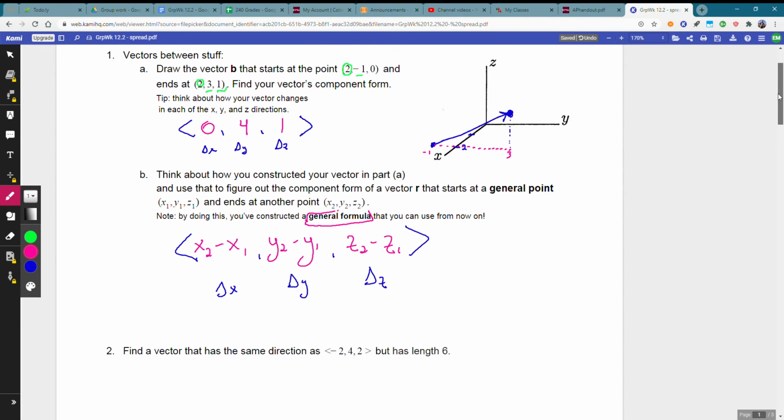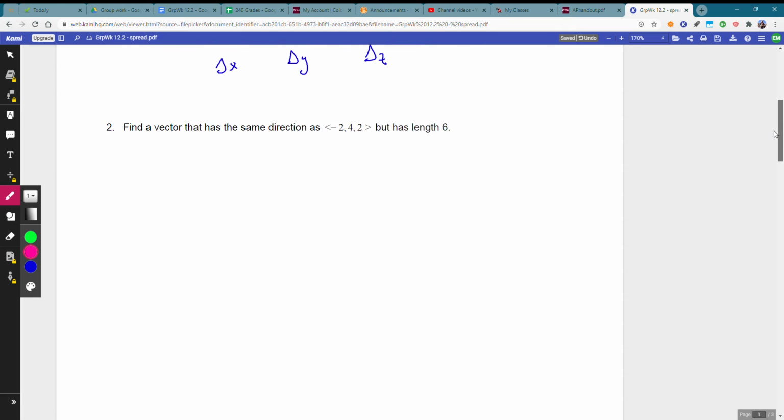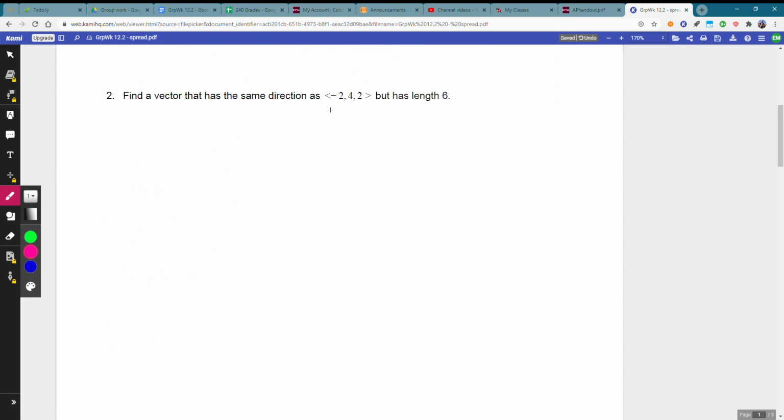All right, moving on down, we're wanting to find a vector that has the same direction as this vector, but has length 6. So there's some different ways to think about this, but one way that I like to use is to think of this in 2 steps. So this vector here, we can think of as having whatever length it has.